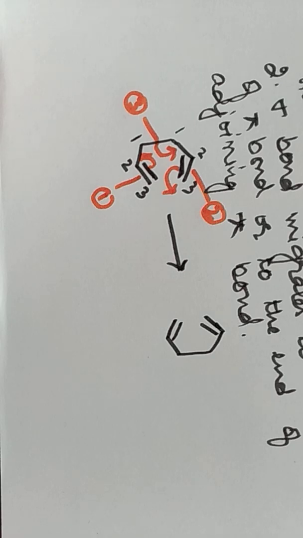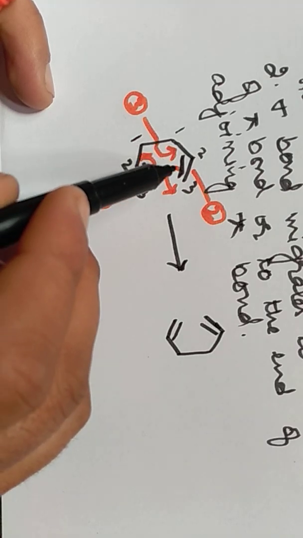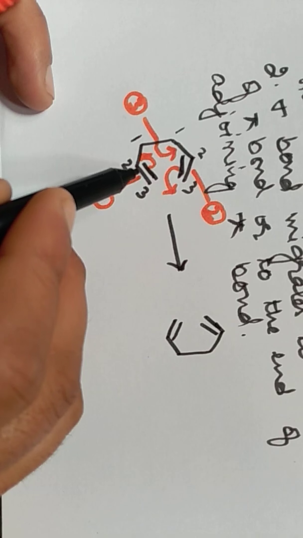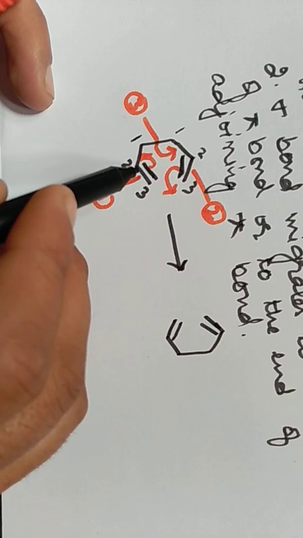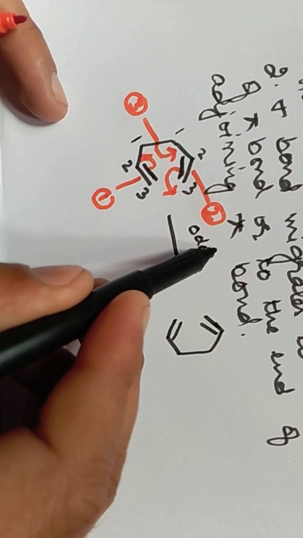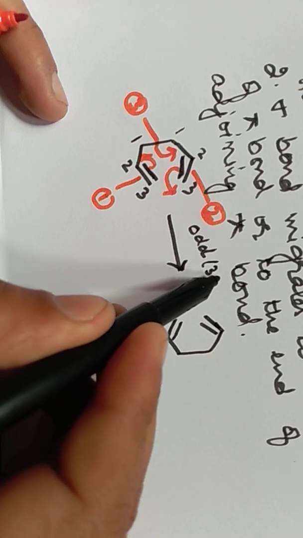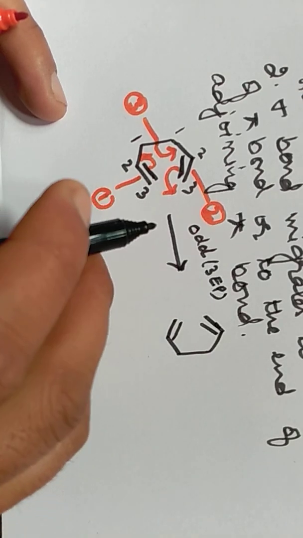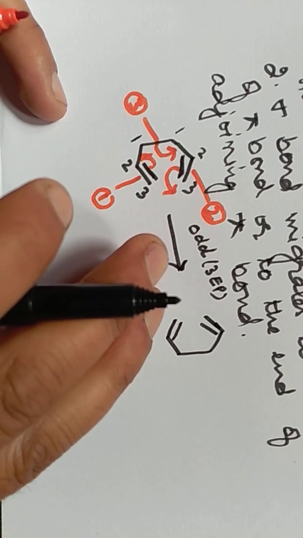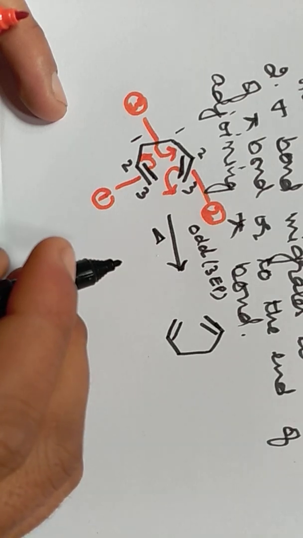Each bond shifting to this side means an electron pair is involved in the reaction. An odd number of electron pairs, three, are there. So if an odd number of electron pairs are involved in the reaction, then the reaction is thermally allowed, right?